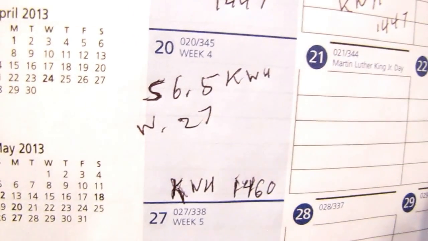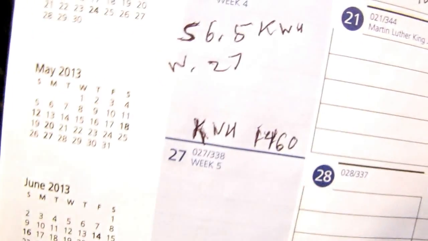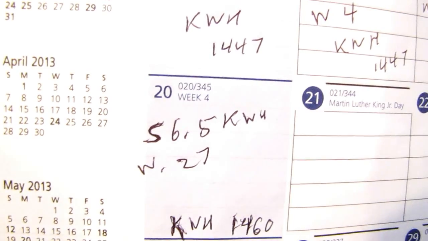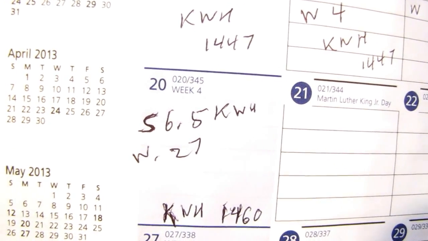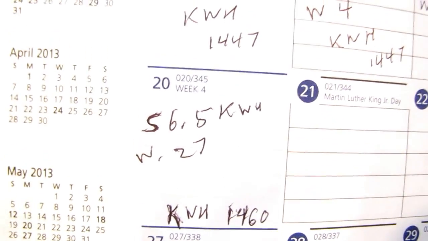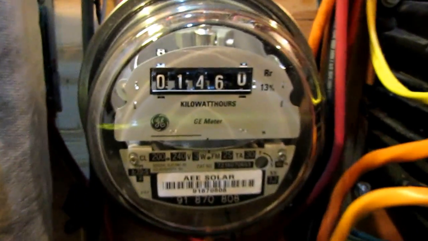On the wind, we produced 0.27, or 27 watt hours. And solar, we produced 6.5 kilowatt hours, or 6,500 watt hours.